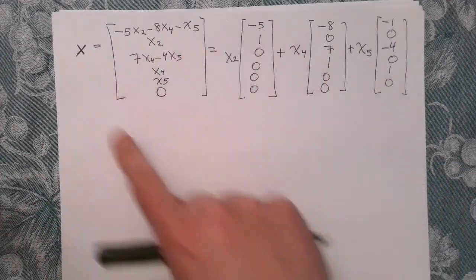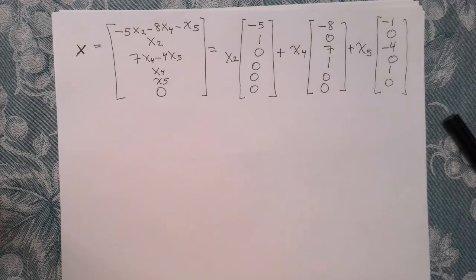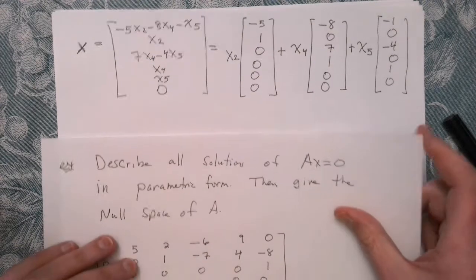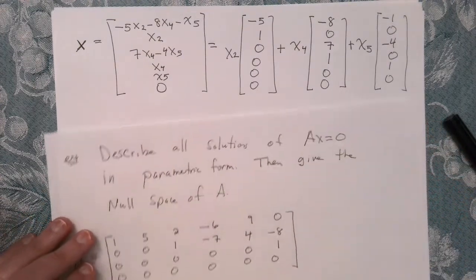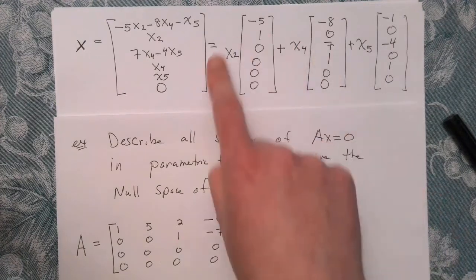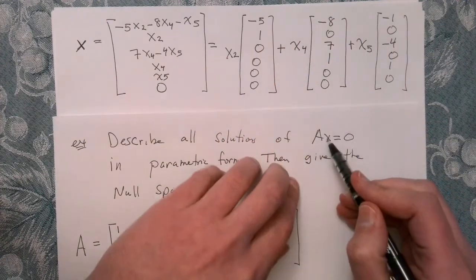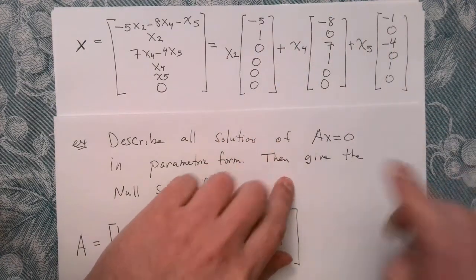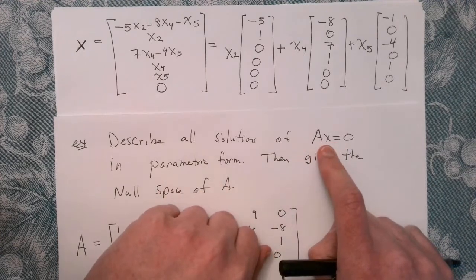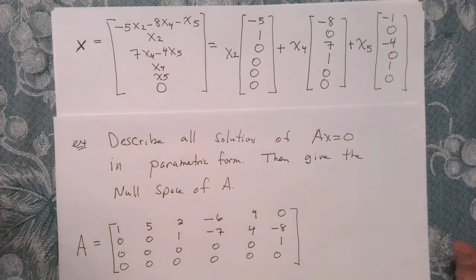So remember what this represents. So before we write out the null space, remember what this represents. This represents all of the vectors that the matrix would send to 0, right? So that's exactly what this is. Okay. So this is the collection of all vectors x that the matrix, when I multiply, will send to the 0 vector.